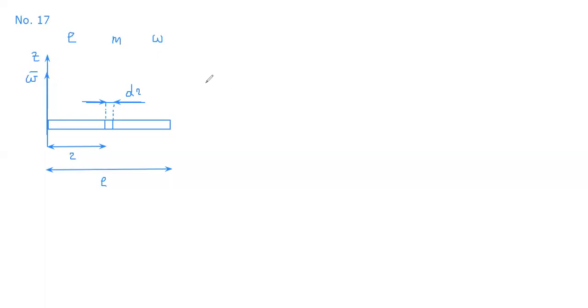And what is the velocity of this small part? Velocity of this part dr is equal to v. v is equal to omega r. This is the velocity of this small part of the rod.